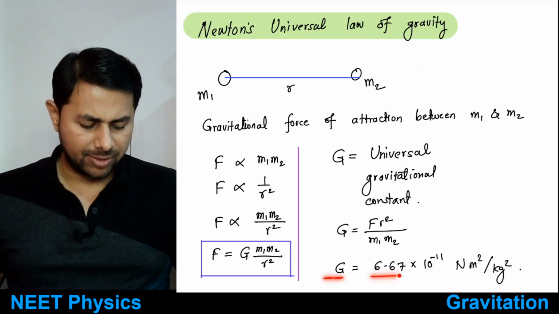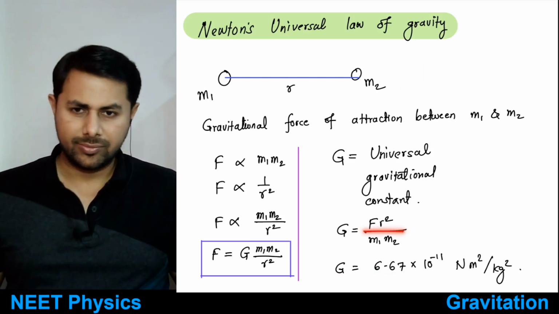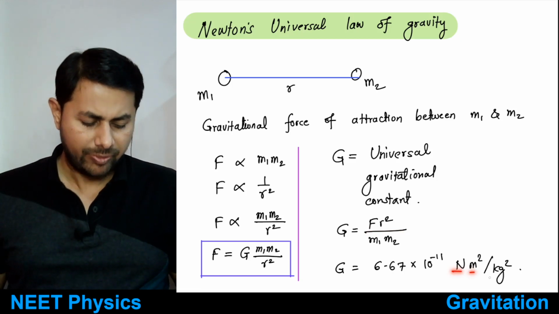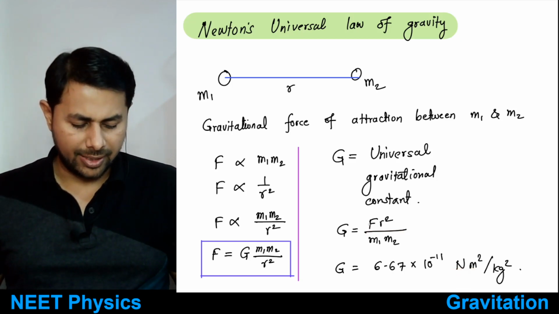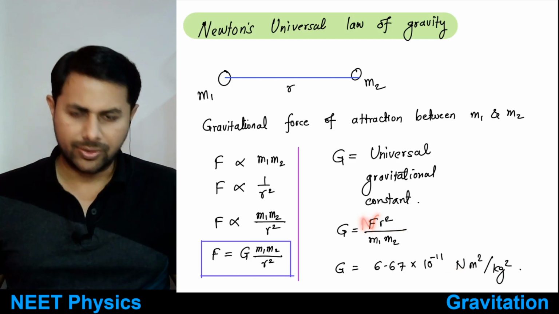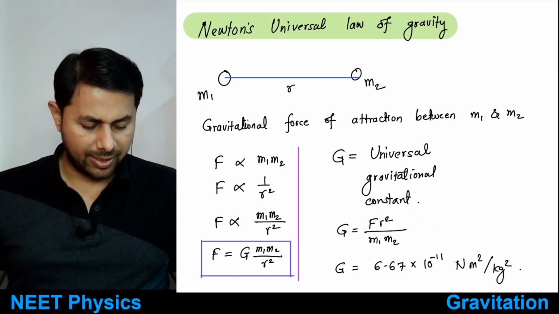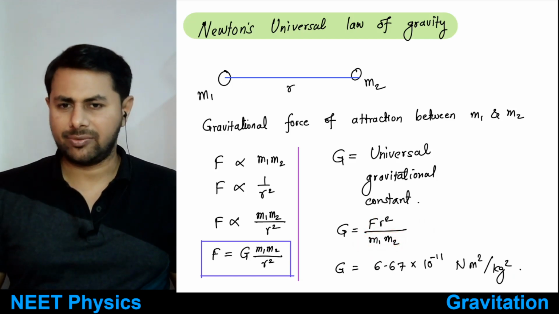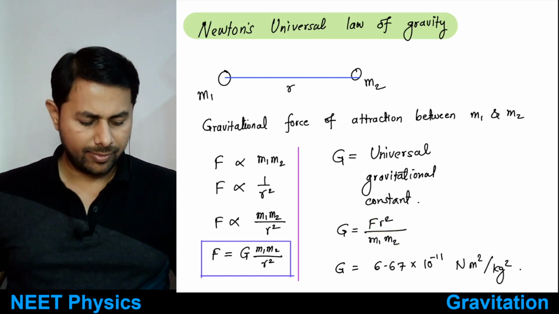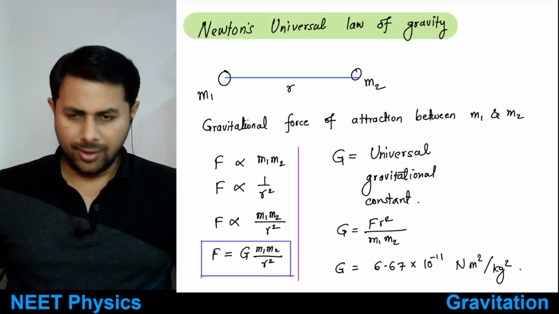So G is equal to 6.67 multiplied by 10 raised to minus 11, and from this formula you can see the unit would be Newton meter square per kg square. Newton for force, r square means meter square, and divided by m1 m2 means kg square should come.